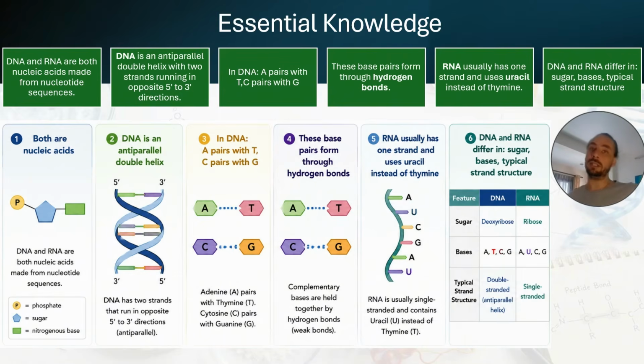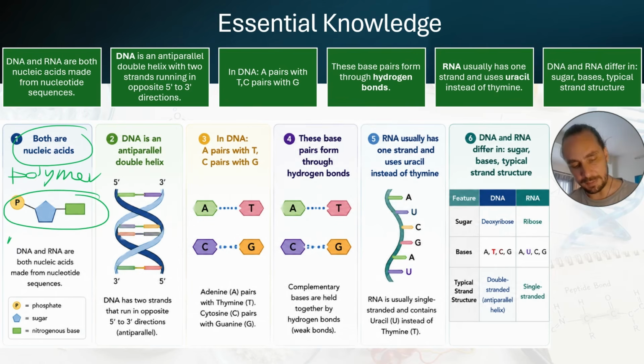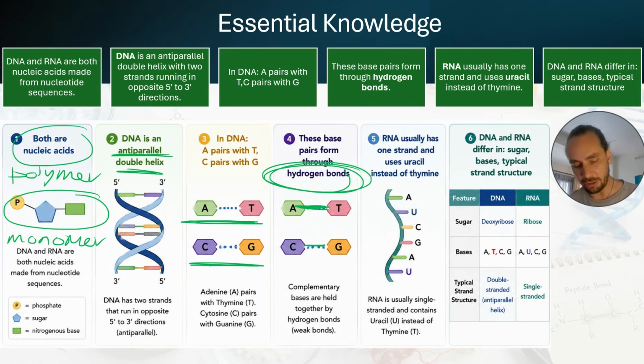So the essential knowledge, the takeaway, is that DNA and RNA are both nucleic acids, which are polymers. A nucleotide is the monomer of nucleic acids. DNA is antiparallel and it has a double helix. In DNA, A pairs with T and C pairs with G. These bases pair with each other through hydrogen bonds, very weak bonds.